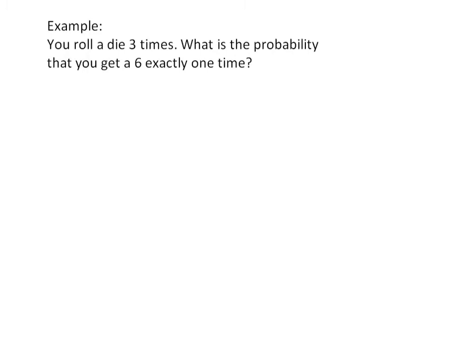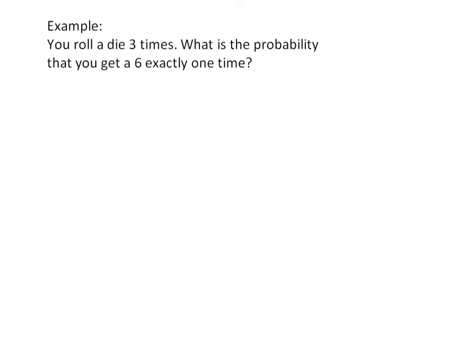In our first example, we're going to figure out: if I roll a die 3 times, what is the probability that I'm going to get a 6 exactly 1 time out of those 3 rolls? A 6 in this case is going to be success, and of course anything other than a 6 would mean failure.